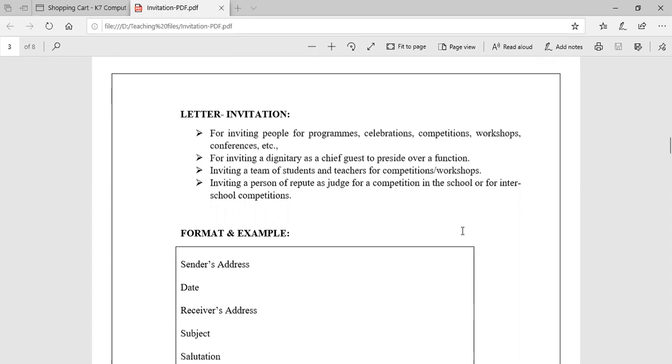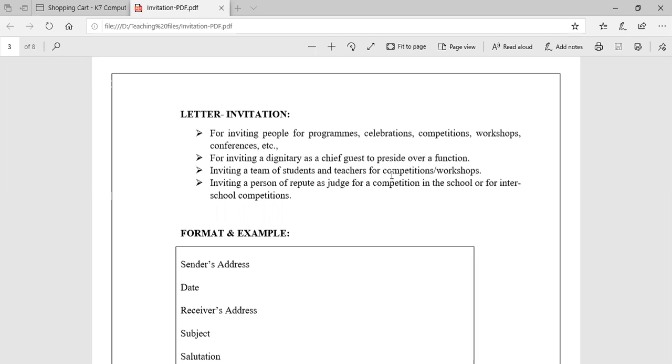Formal letter invitation. Now you can see that formal letter invitation. For inviting people for programs, celebrations, competitions, workshops, conferences, and so on. So all those things, right? Formal invitation letter format for inviting people for programs or celebrations or competitions or workshops, conferences, and so on.